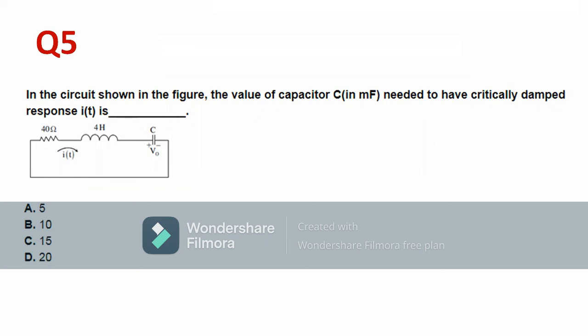Anyway, you can apply the KVL. If you apply the KVL, that means V of t, total voltage. Here voltage source is not there. Anyway, let us see V of t. That is equal to I of t into R plus. What about the current and the voltage across the inductor?